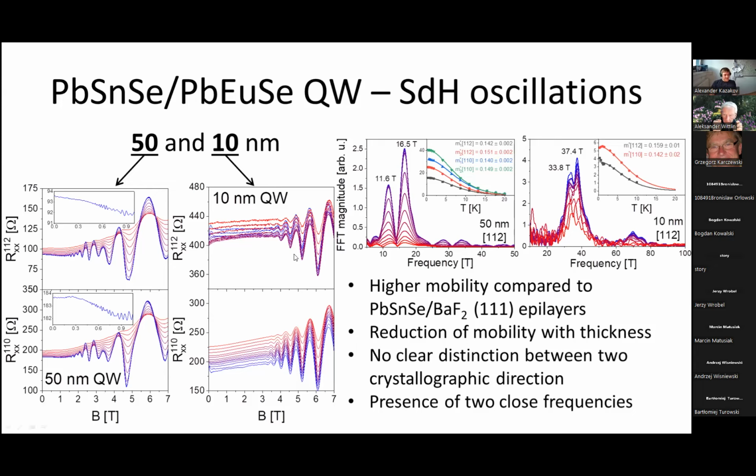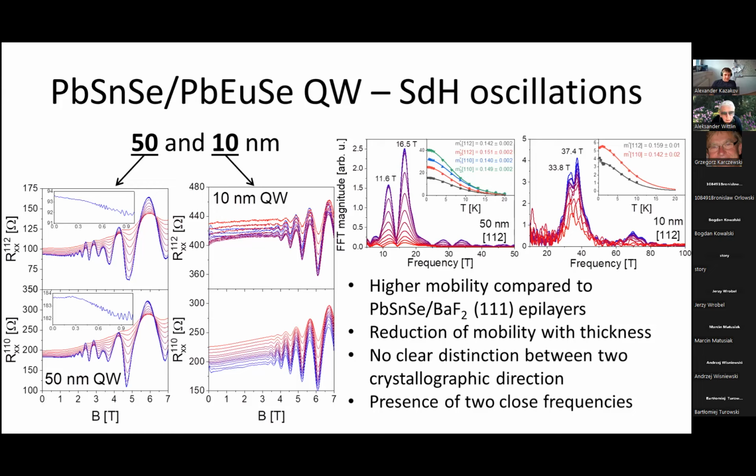However, in the 10 nanometer well, one barely can see other frequencies, only one frequency, and oscillations start around 3 Tesla. So it means that mobility is considerably reduced in thinner quantum wells, which is quite expected, because the europium, which was used as an element for the barriers, cuts the mobility quite considerably in these compounds.